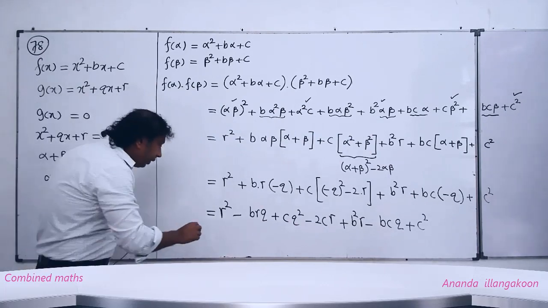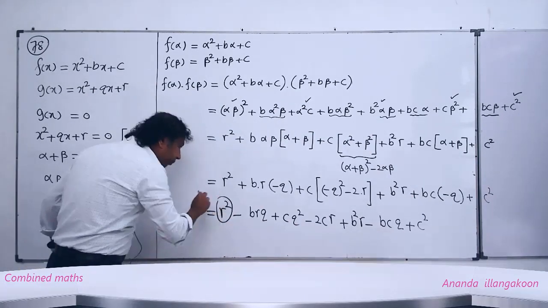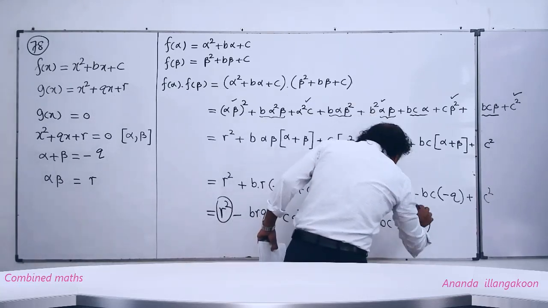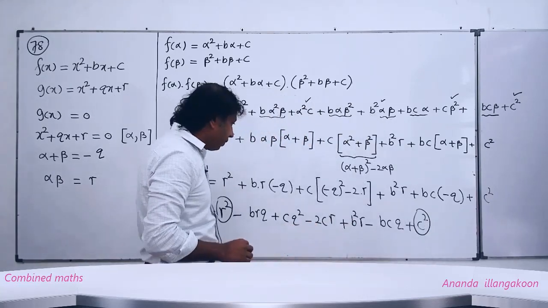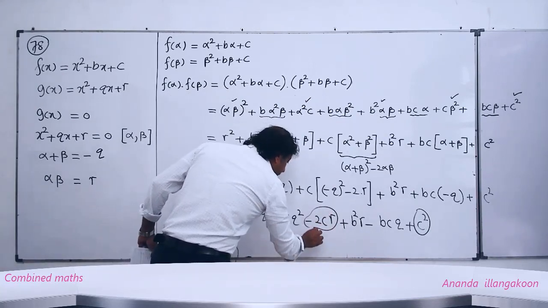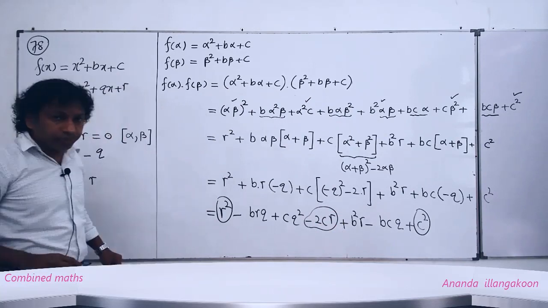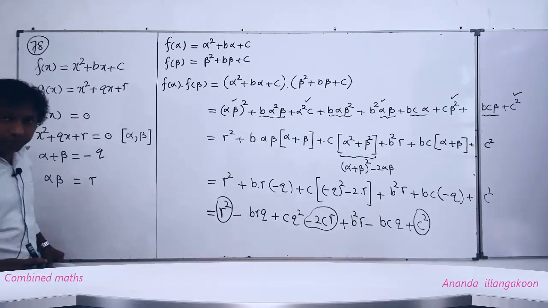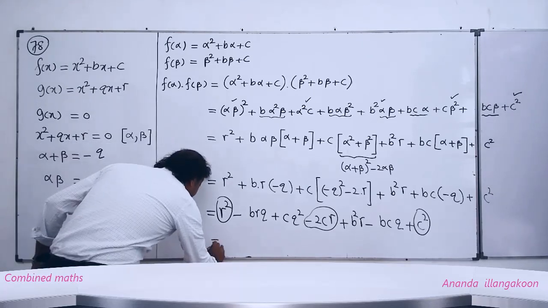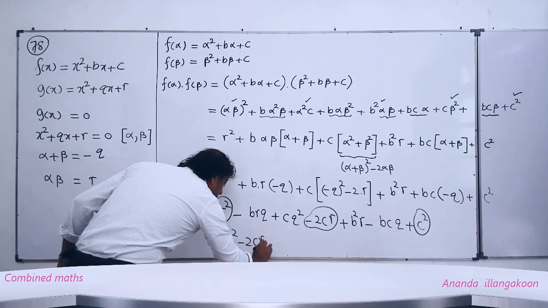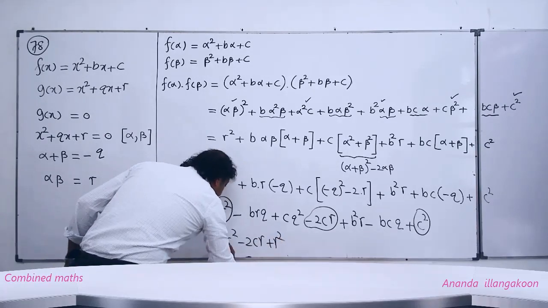Now I take these terms together and write them like this: c squared minus 2cr plus r squared.